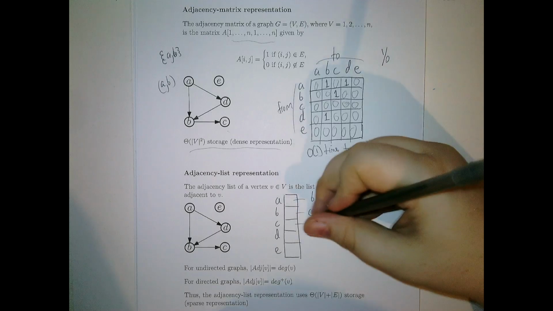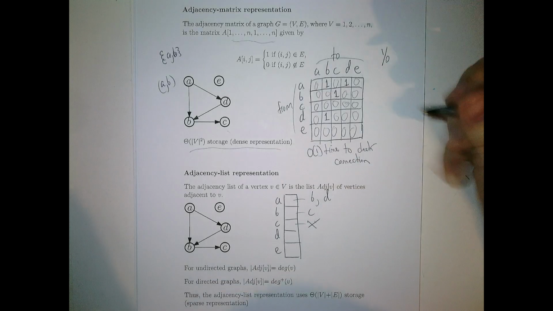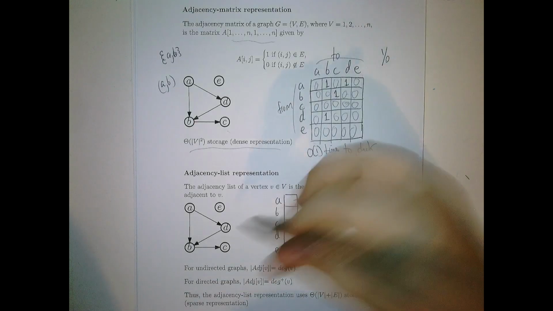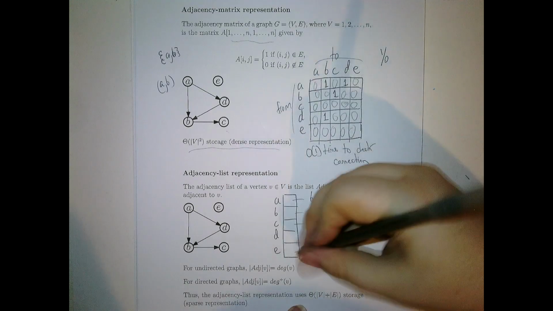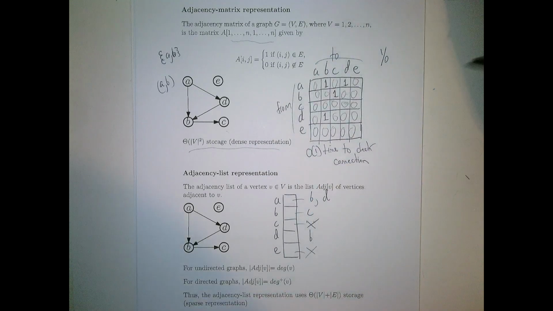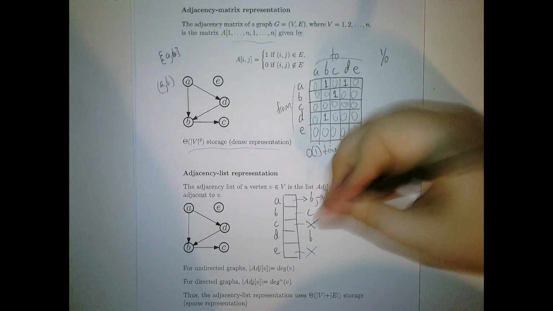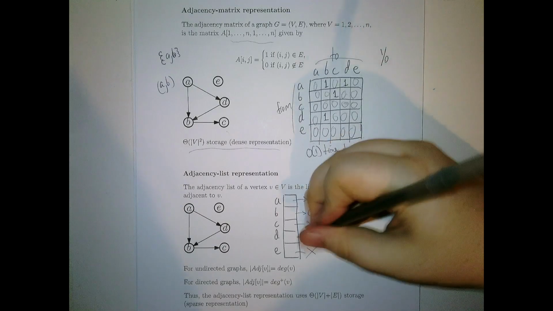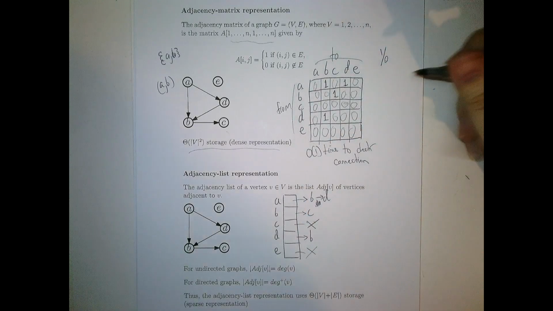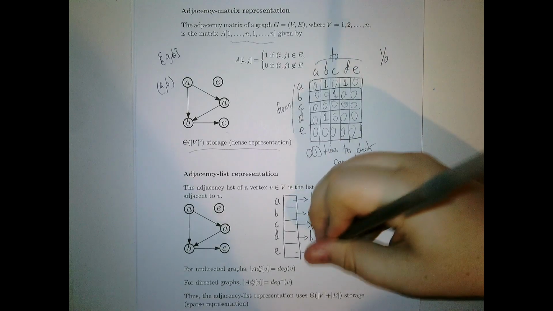So no connections, right? Nothing. And then D connects to B. And then E, also no connections, right? So how you represent this, you can represent it using arrays, you can represent it using linked lists. Bunch of options here. So if this is a linked list, this would be a null. This would be a null, right?